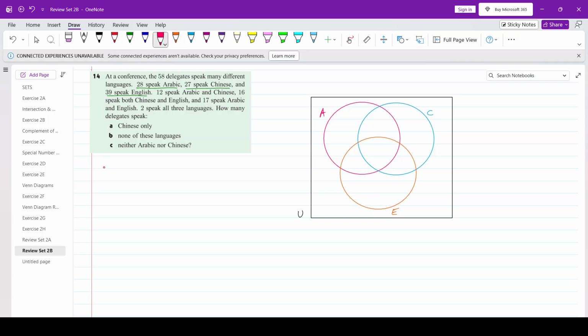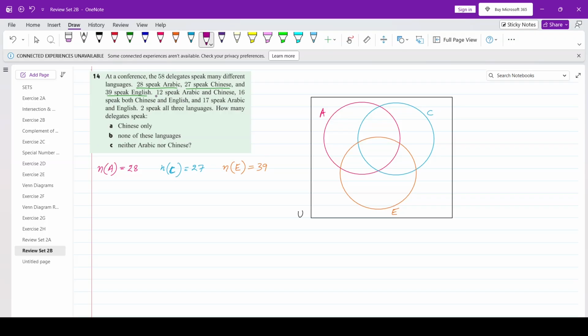Now we know number of elements in A is 28. Number of elements in C is 27. Number of elements in E is 39.